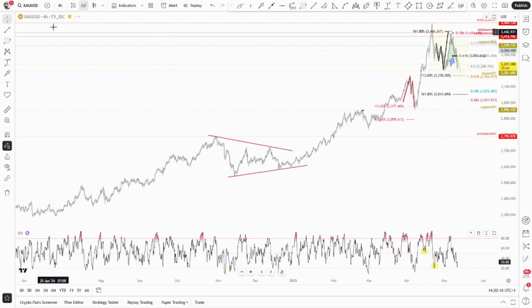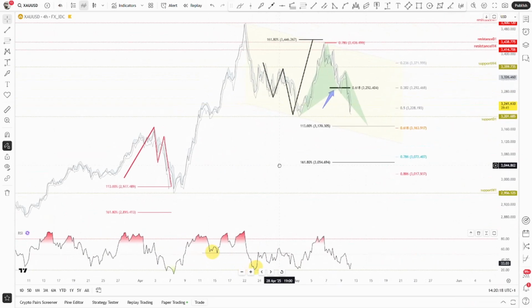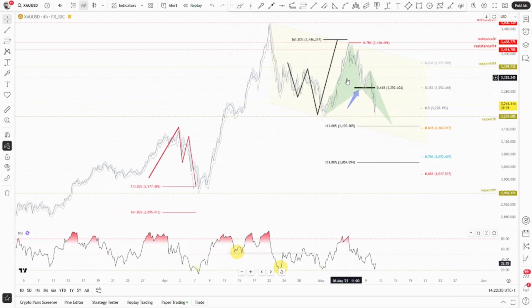Let's start with gold. We saw this pullback on gold last week. Actually, we anticipated a potential three-wave swing to the downside. The market at the end of the week has found some pressure and support at 32.92.